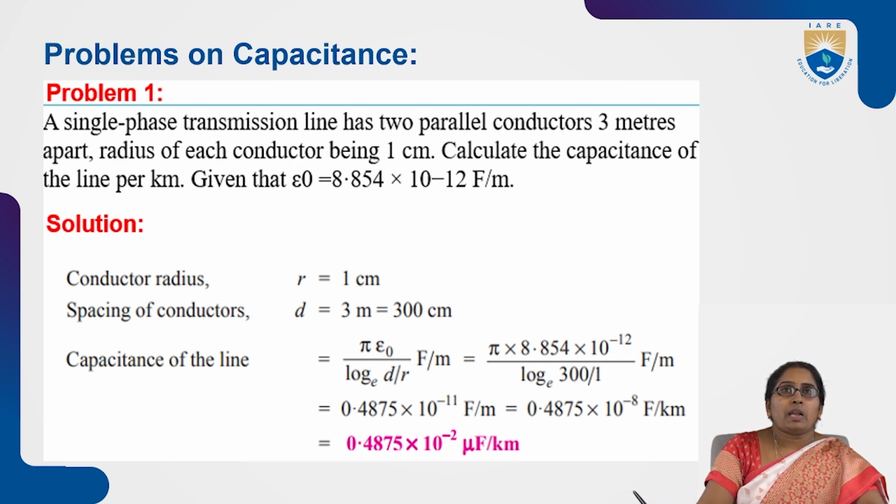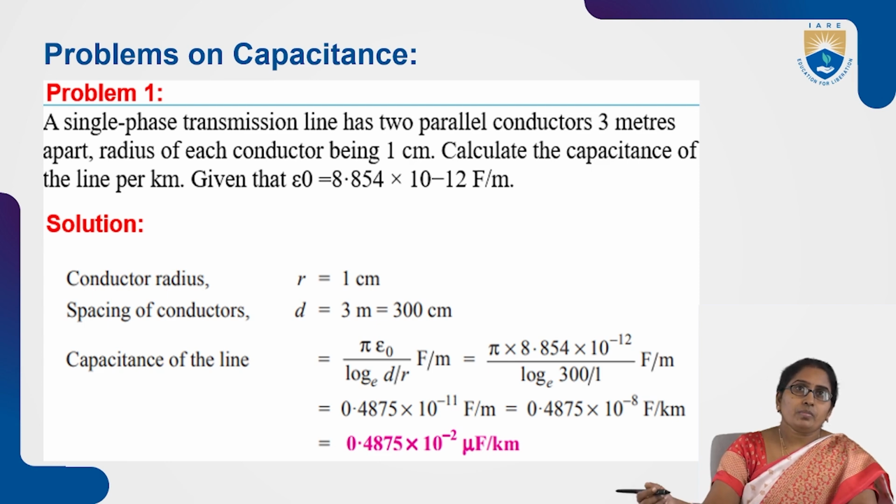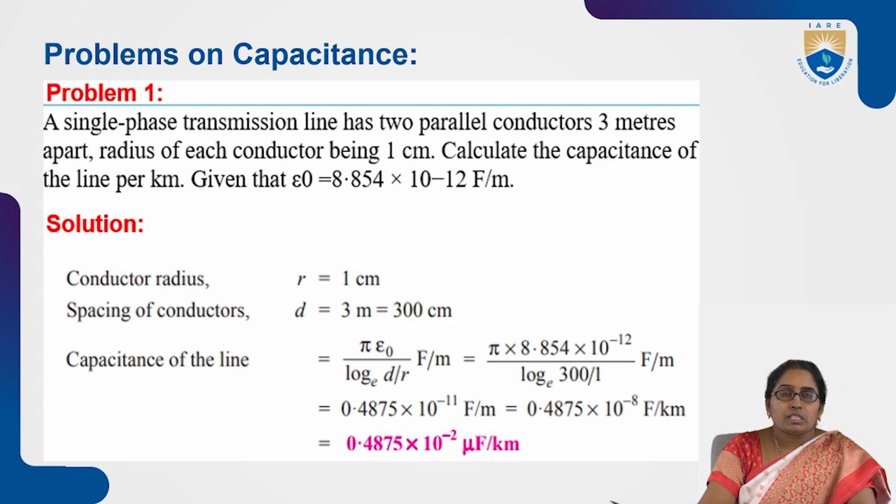Given epsilon naught value, a well-known value, 8.854 into 10 power minus 12 farad per meter. So they have given a single phase transmission line. It has two parallel conductors separated by a distance of 3 meters.